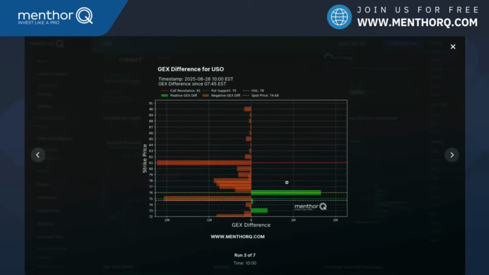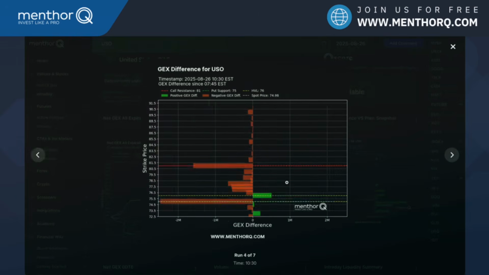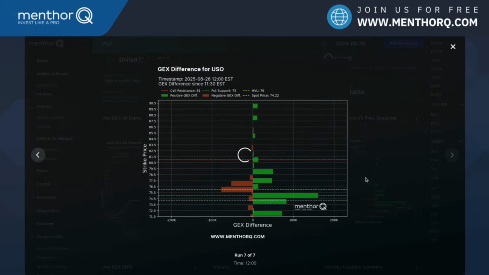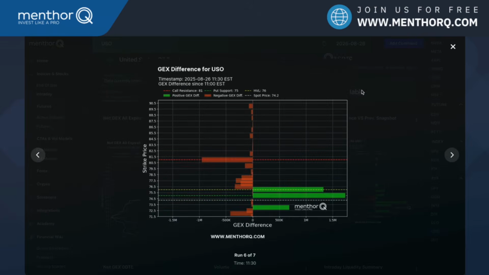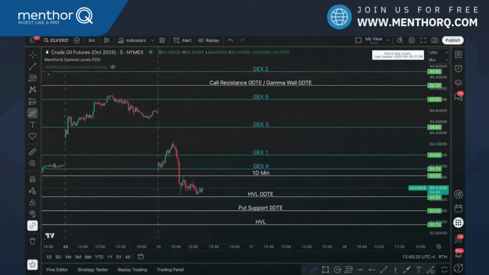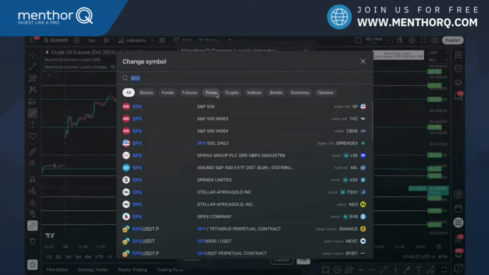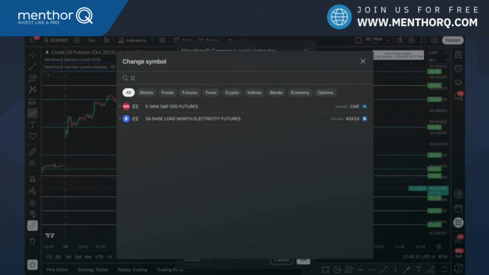Today we've seen a lot of negative gamma since the open. And then if you look at the previous snapshot, yeah. And then what you can also do is potentially convert the intraday levels from USO, for example, here to CLV.